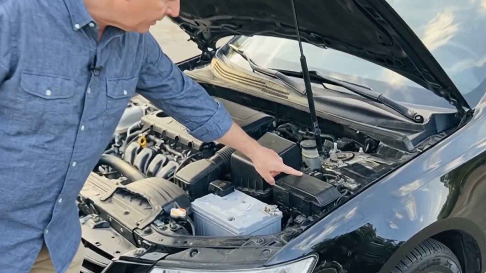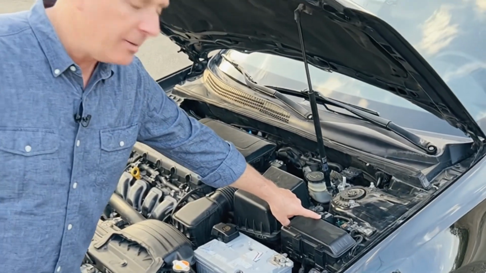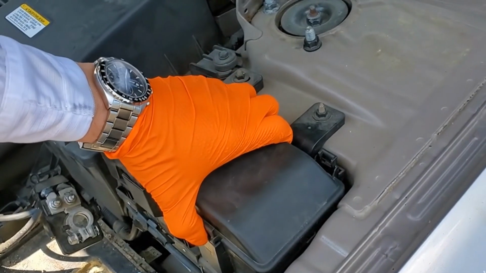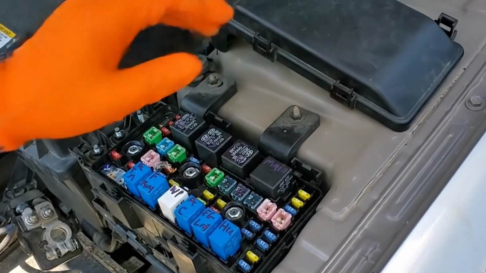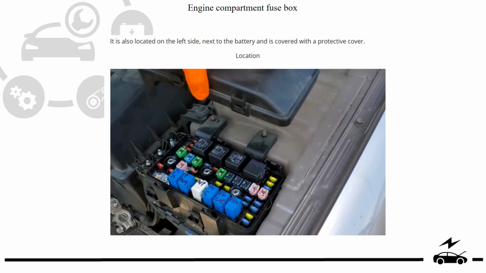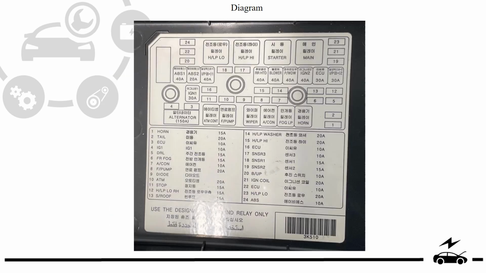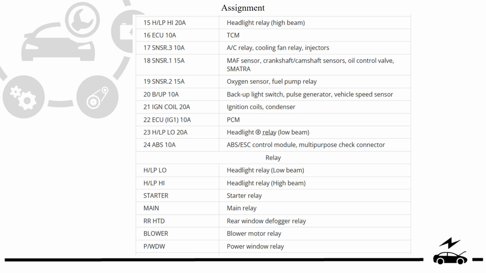The fuse block is right here on the right, next to the battery. Photo. Diagram. Assignment.